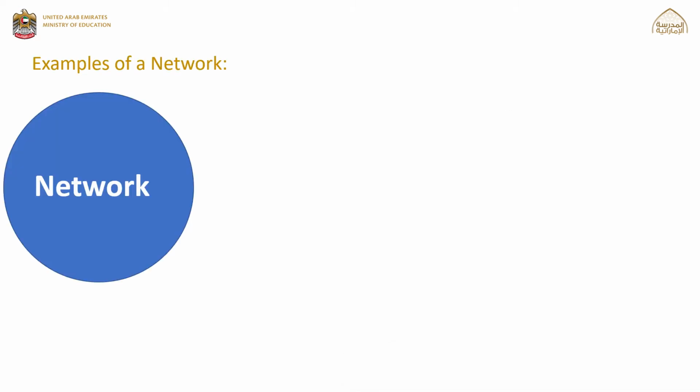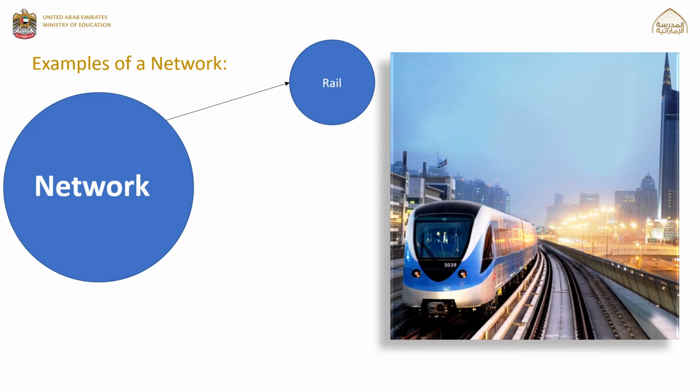Now let's move ahead and see a few examples of a network. We have seen a lot of networks in our real life. Actually, we are surrounded by the network. The very first example of a network is rail network, where multiple railway lines or railway tracks are interconnected to each other for the trains.